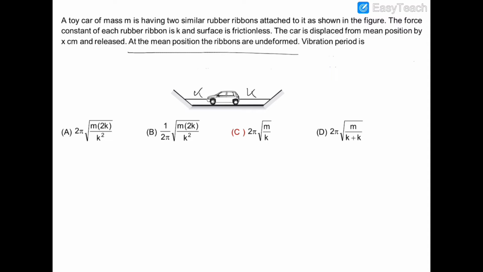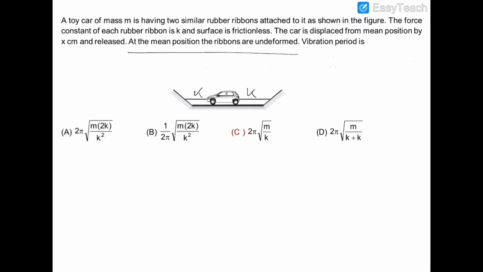So you should always notice that there is a huge difference between an elastic rope and a spring. An elastic rope can be extended, and a spring can also be extended, but a spring can be compressed, while an elastic rope cannot be compressed.